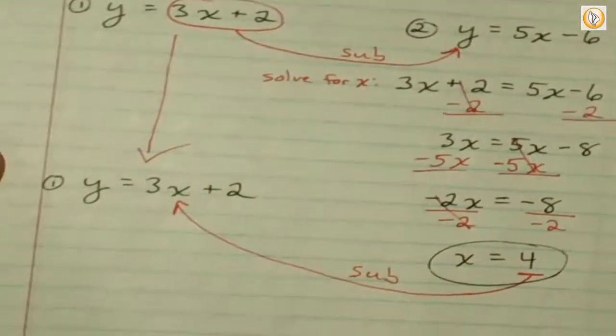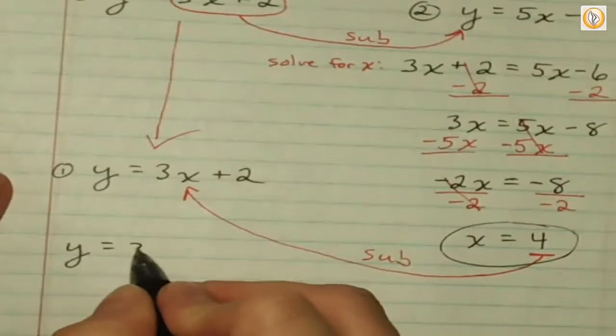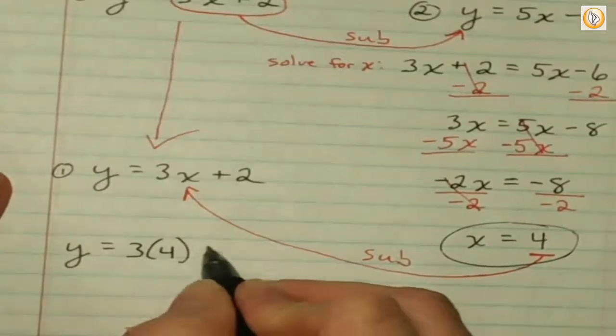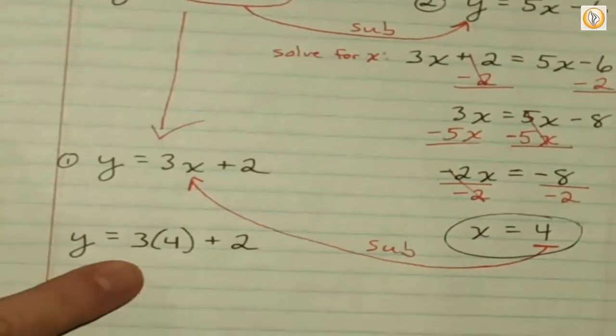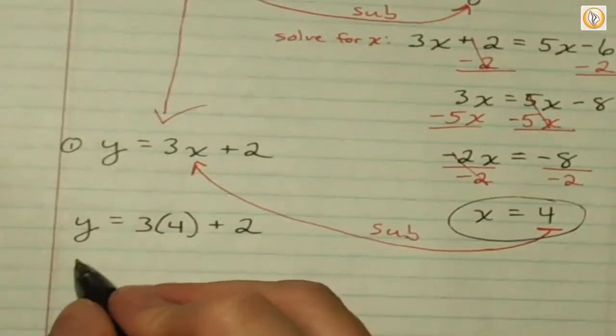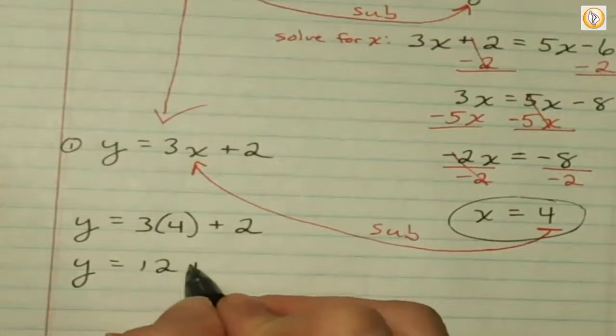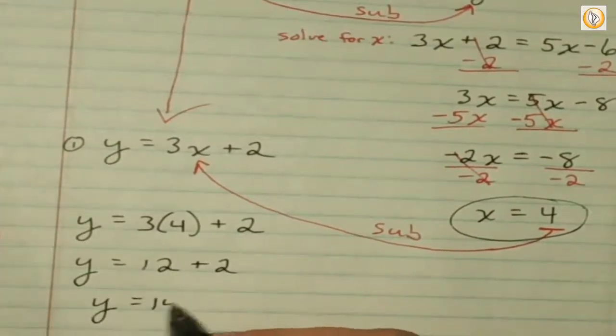That one right there. So now I have y equals 3 times 4, not 34. Make sure you put it in parentheses. Don't put 34. You see what I'm saying? You got to make sure you put it in parentheses. What is 3 times 4? And what's 12 plus 2? 14. So y equals 14.